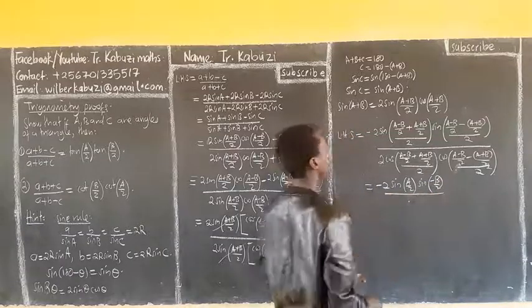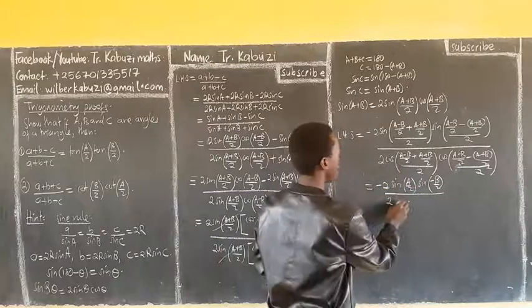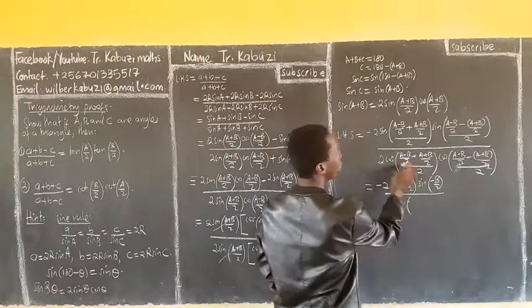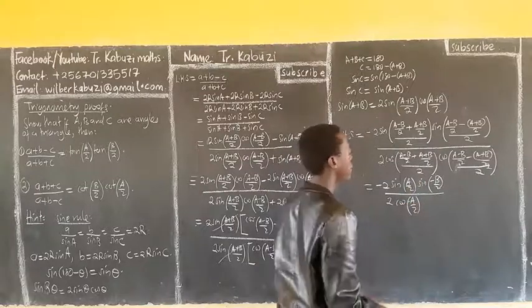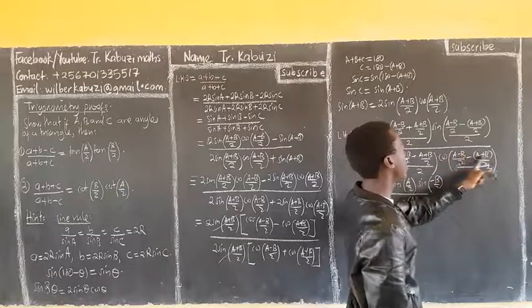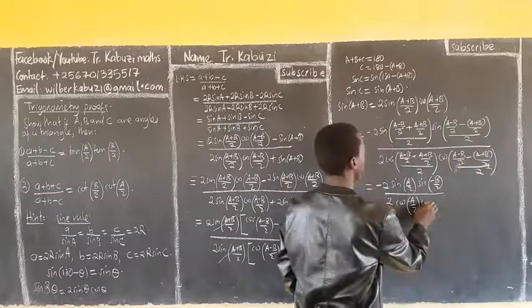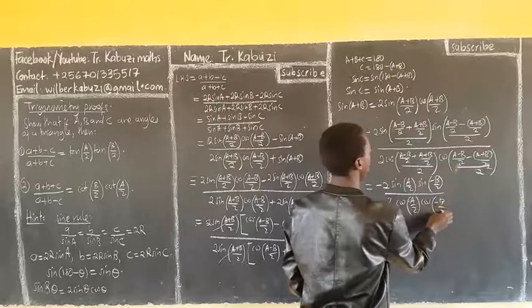Then down, we have 2, then here we shall be having cos of a over 2 is going to survive. Then here instead we have this minus this. It's going to give us cos of negative b over 2.